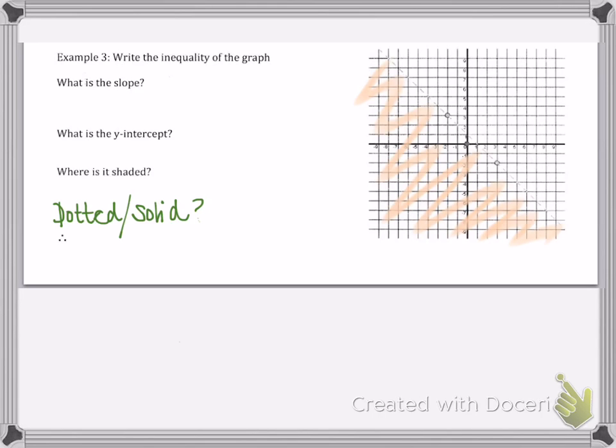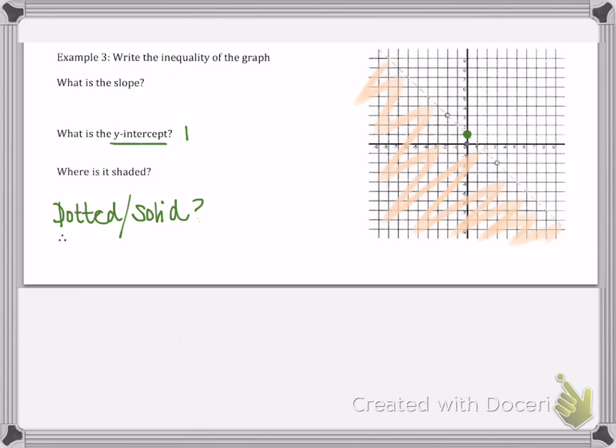So the first thing you want to look at, I actually start with the y-intercept, so the second question in. Where does it cross the y-axis? It crosses right about here. Let me make that a bigger point. It crosses right about here, and that is a y-intercept of 1. So we're going to answer that question as 1.